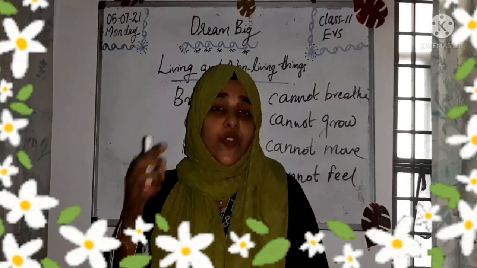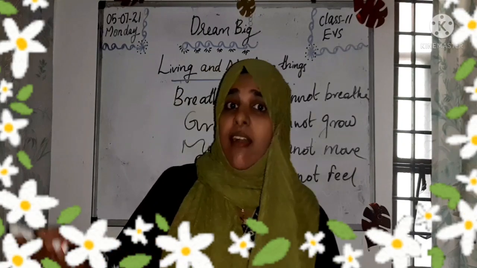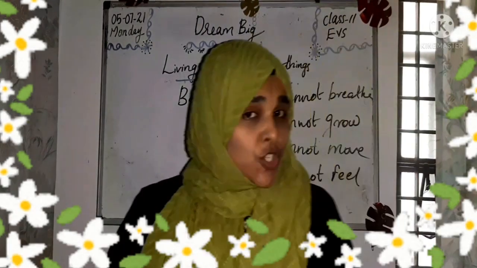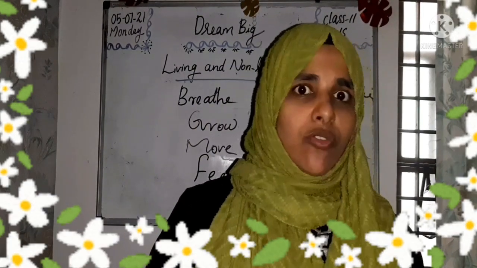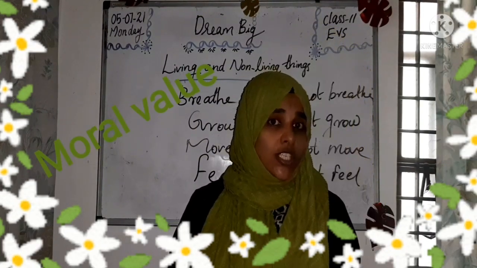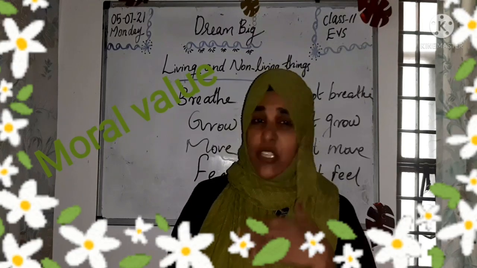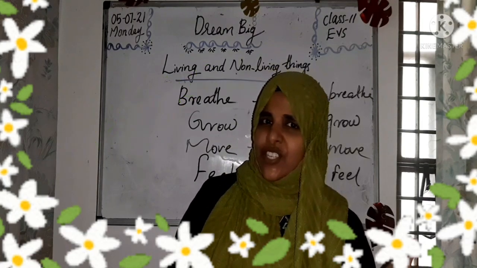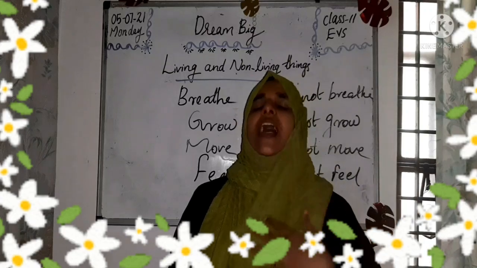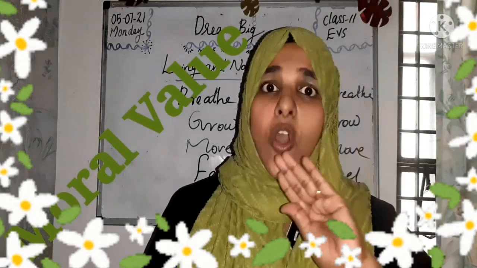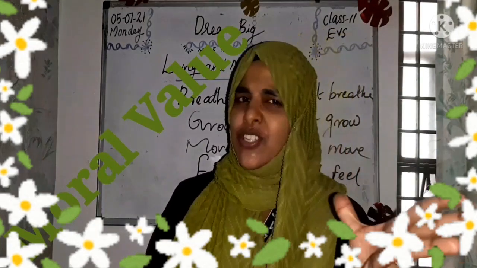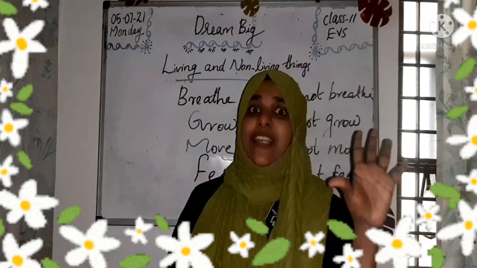All living things feel pain when they are hurt. So students, in today's class, we learned one moral value also. What is that, children? We cannot hurt anyone because they have pain. That means they have feelings. So this is the moral value: don't hurt any human beings or animals or plants. That means don't hurt any living things.